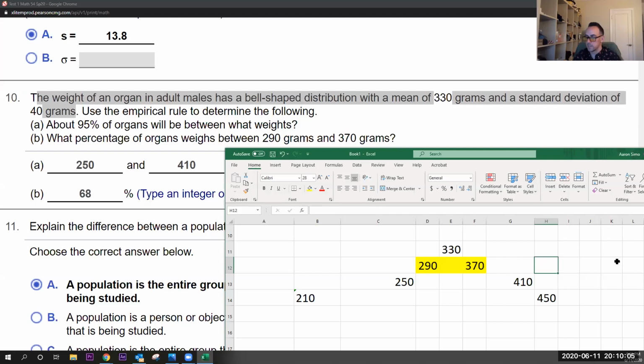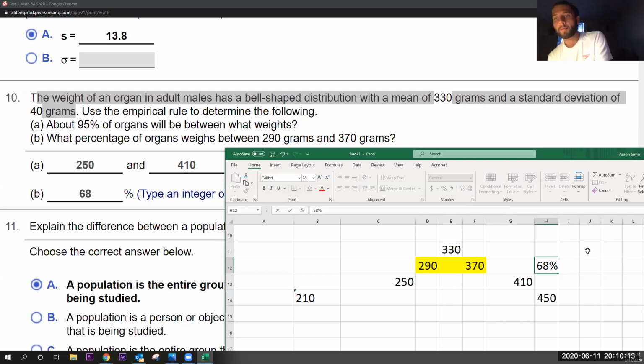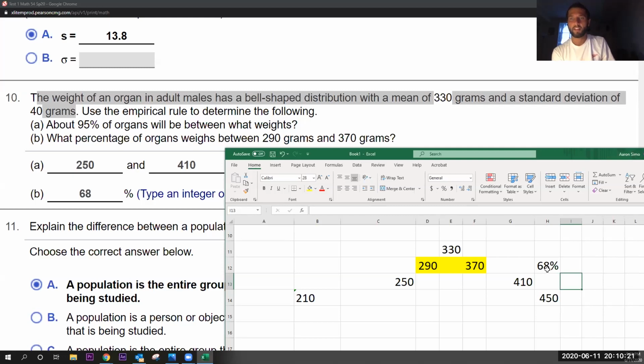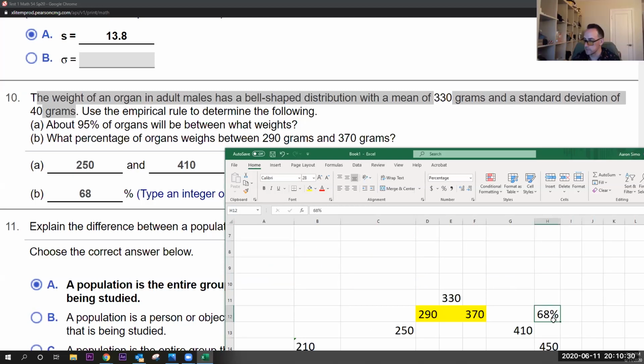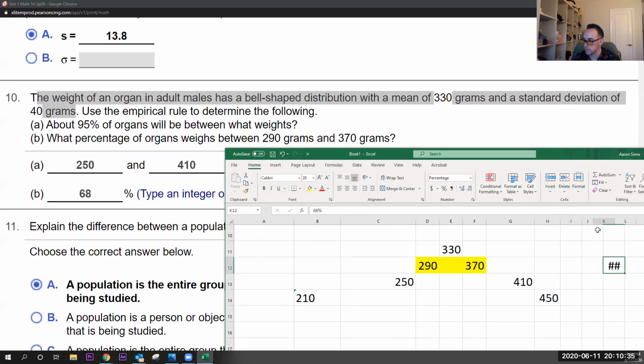So the answer would be 68%, because that was when we only went out once. It goes 68%, 95%, and then 99.7, I think. Yeah, 68, 95, 99.7.